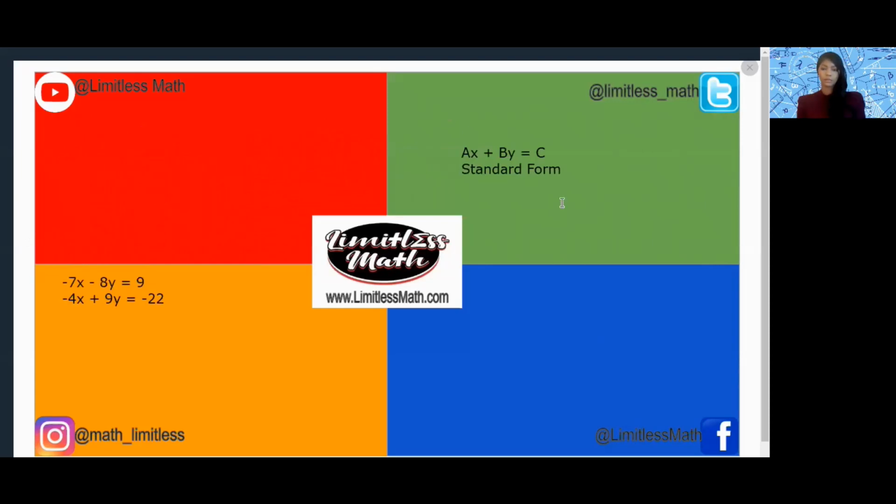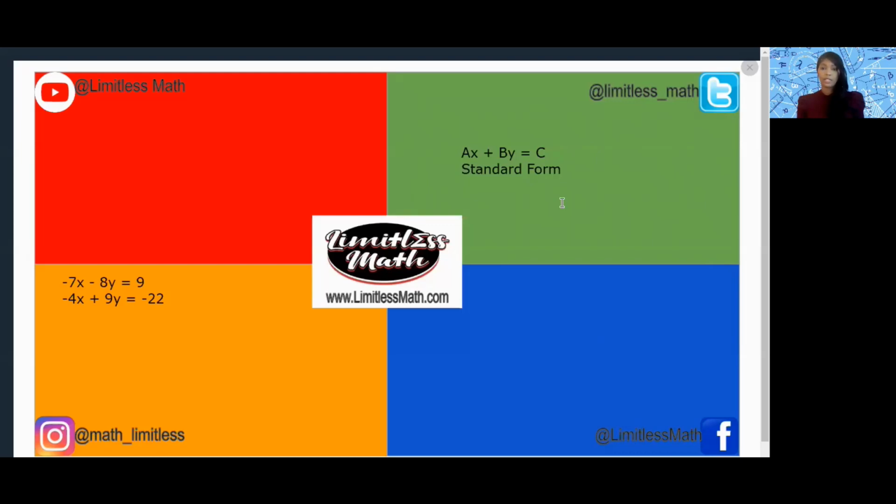So for this problem, we have negative 7x minus 8y equals 9, and negative 4x plus 9y equals negative 22. The good thing is they both are already written in standard form, and the variables are aligned perfectly, which is good. Our only problem here is we don't have a matching set of coefficients.